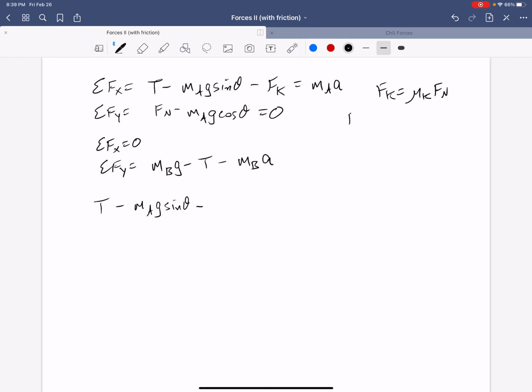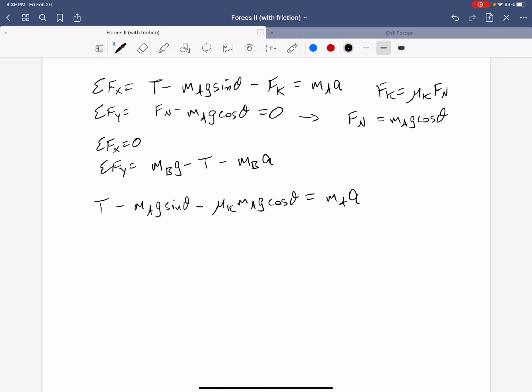And we get Fn from down there. Okay, so we have mu k times mag cosine theta. And that all equals ma times acceleration.